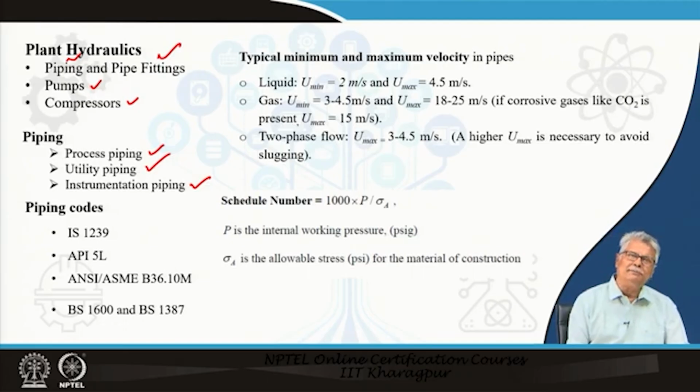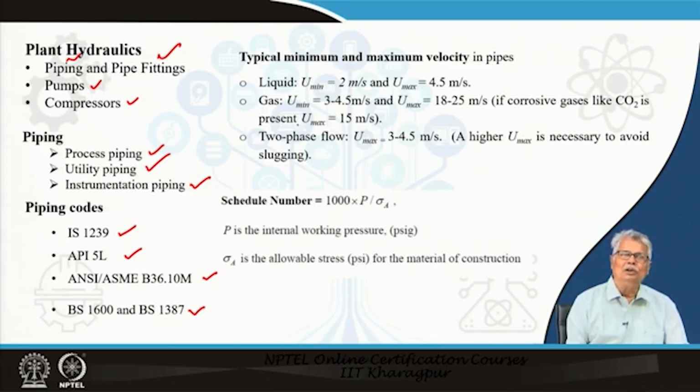The standard piping codes are many. The Indian standard piping code is IS 1239. American Petroleum Institute, the code is API 5L. ANSI ASME is B36.10M, and in case of British standard, it is BS 1600 and BS 1387.